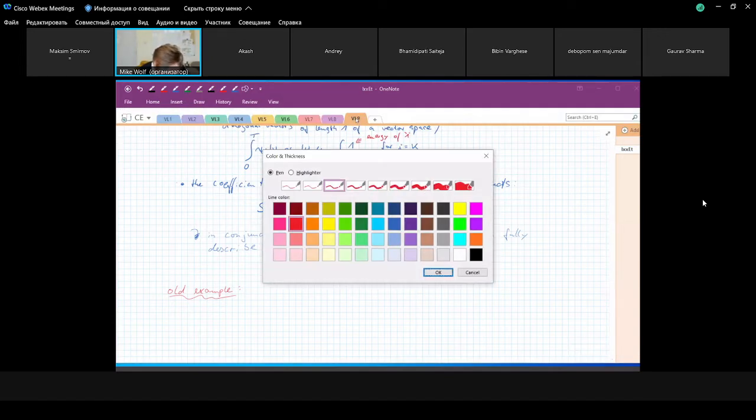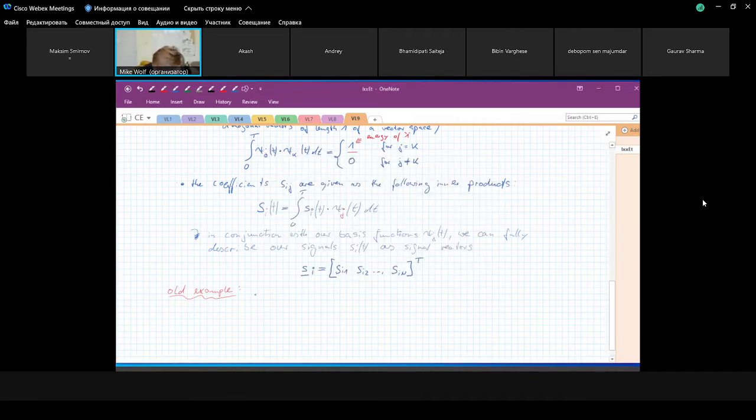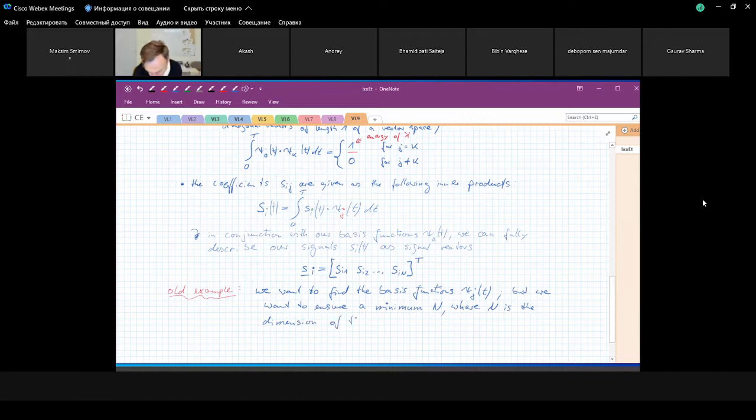A minimum dimension of this signal space, and we want to find the basis functions Cj of t, but we want to ensure a minimum N, where this N is the dimension of the signal space.